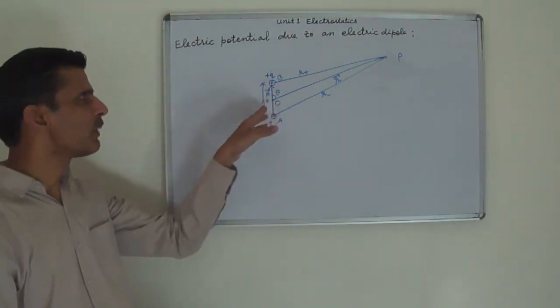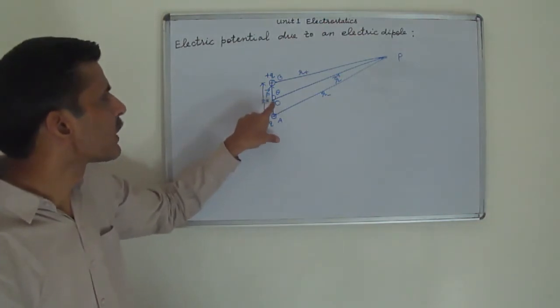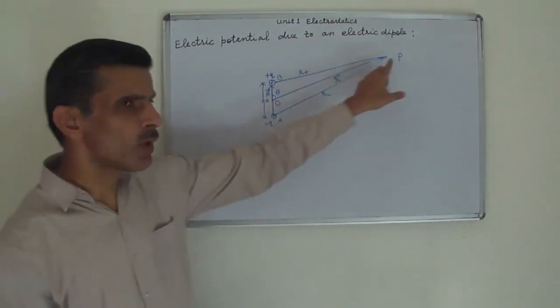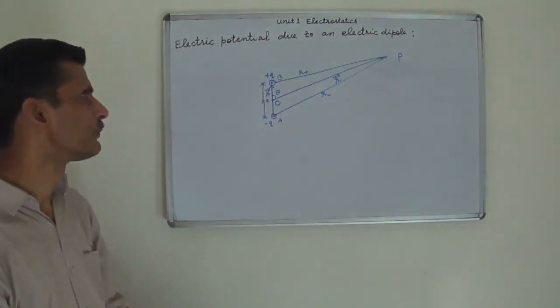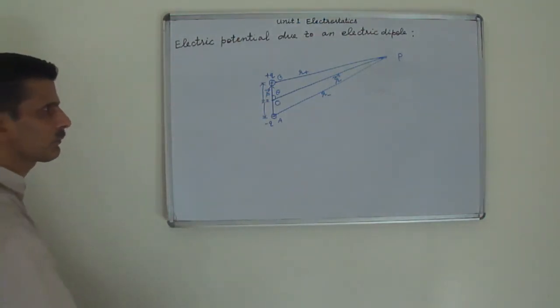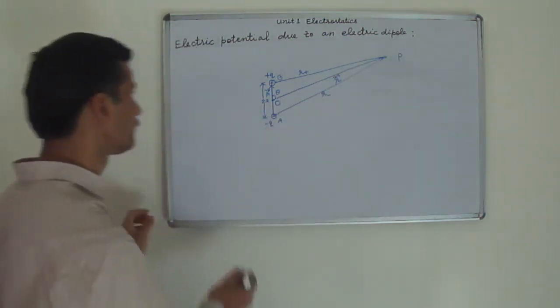Let theta be the angle between position vector of point P with respect to midpoint of the dipole and dipole moment vector of the dipole. We want to find potential at point P.